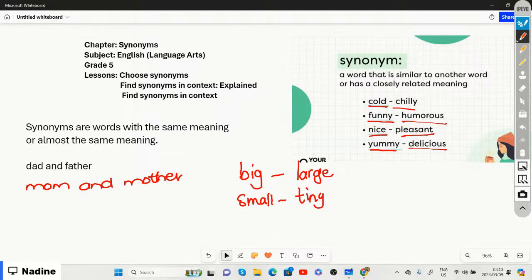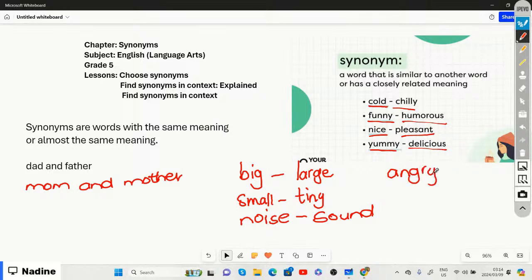All right, so these are synonyms, right? Even if we look at the word noise, another word that is similar to noise can be sound. The sound can make a noise. If I'm angry, right?